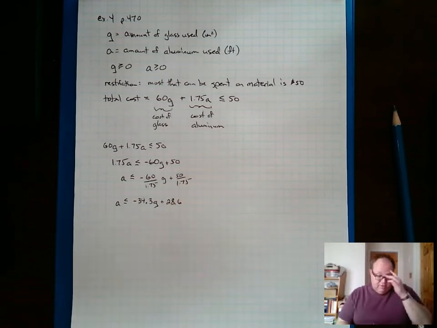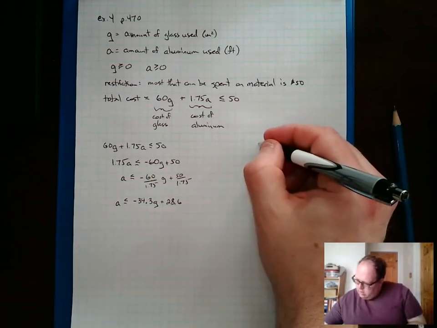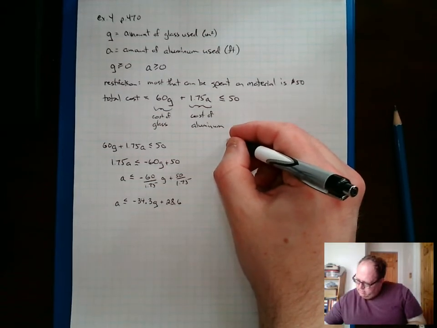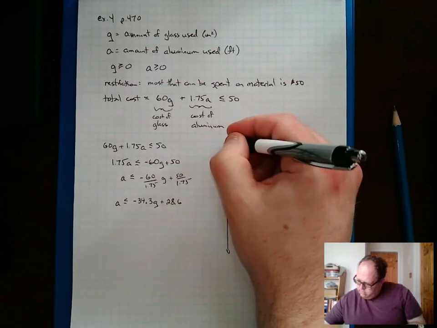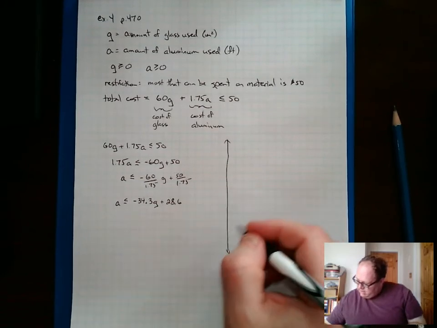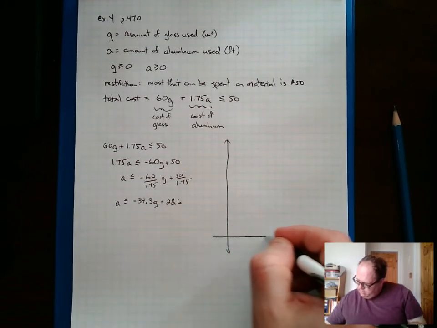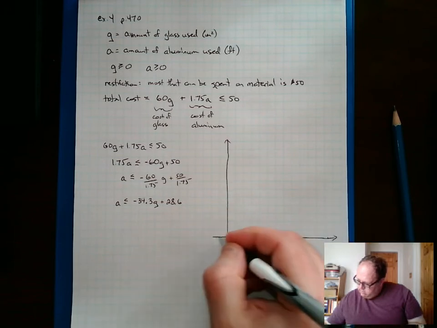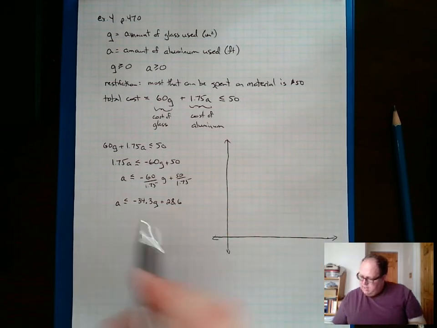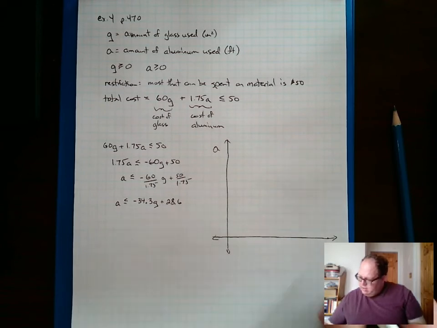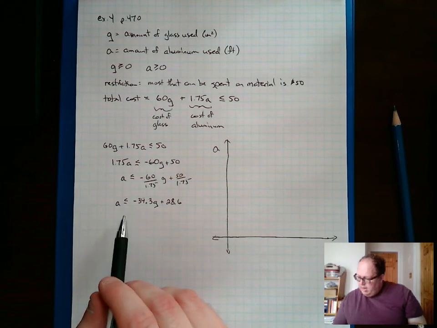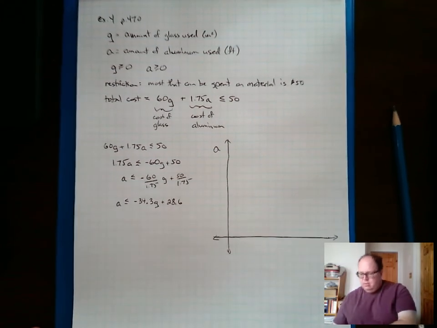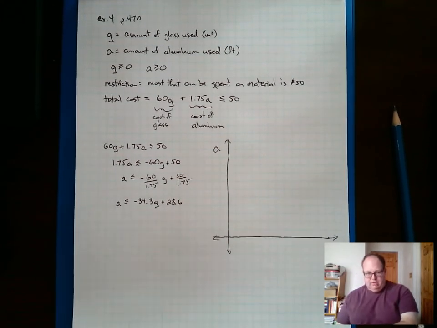Alright, and now to graph this thing. Scale is going to be important here, and labeling my axes is also going to be important. So A is taking the place of my y values, G is taking the place of my x values. My A intercept is at about 28.6, and my slope is a relatively large negative number, negative 34.3.